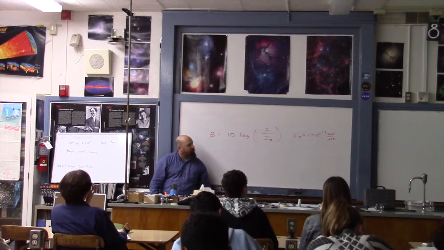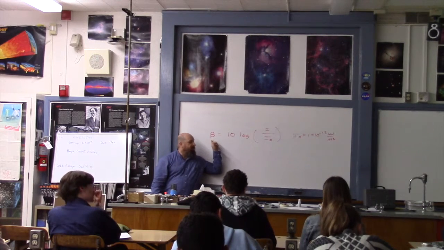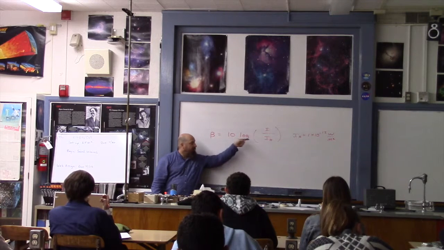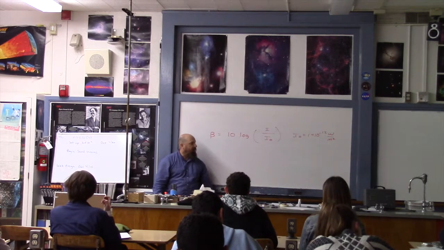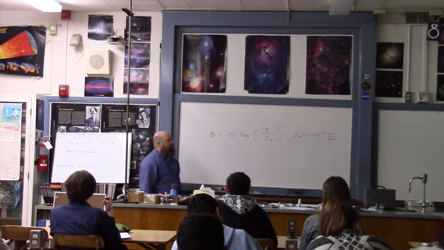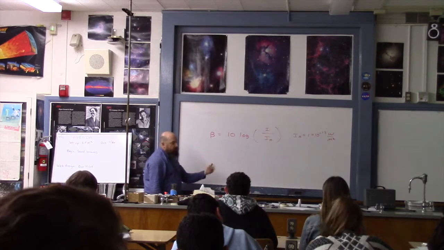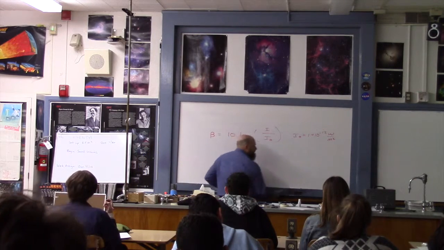What we're supposed to do is, given beta, the intensity level, the amount of decibels, solve for I, the intensity of the sound itself. Once again, with parts A, B, and C, there's a really simple pattern that gets picked up.